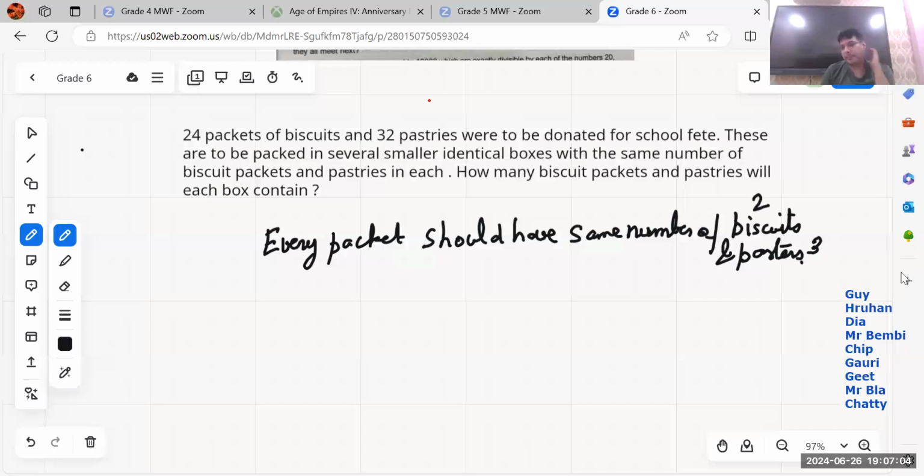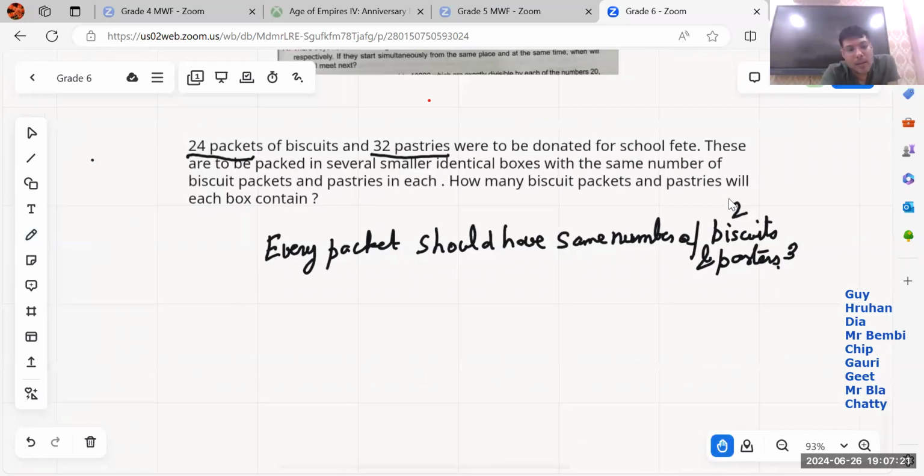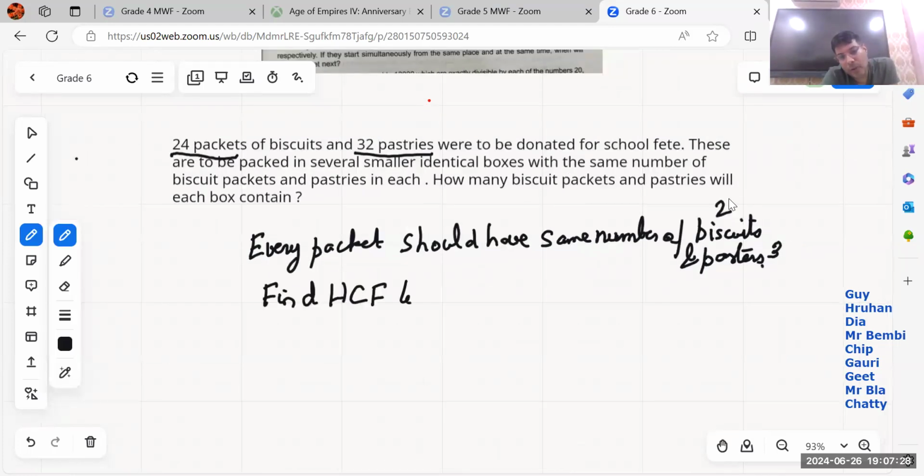HCF is correct, because we have to divide these. If I wanted a bigger number, I would find the LCM, but I have to divide these biscuits and pastries. So finding the HCF will give you the number of packets. Find HCF to get the number of packets.